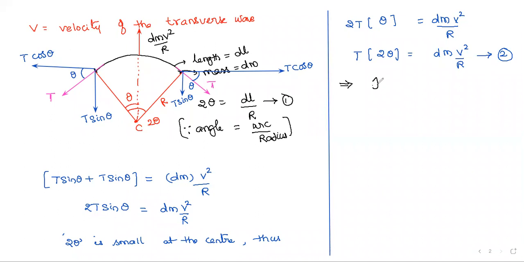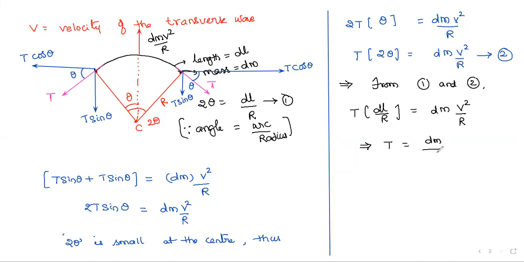From 1 and 2, substitute 2 theta equals dl by r here: T into dl by r equals dm into v square by r. Then r cancels. That implies T equals dm by dl into v square.